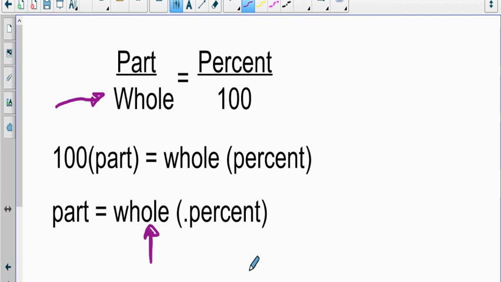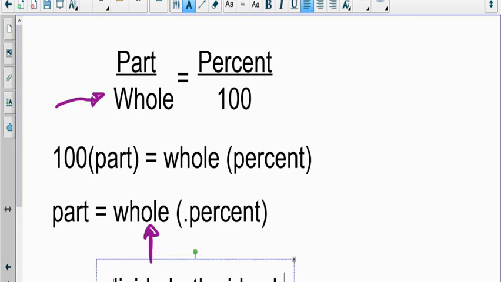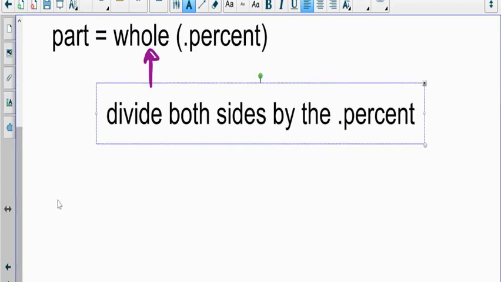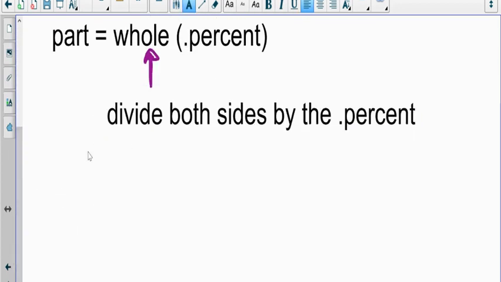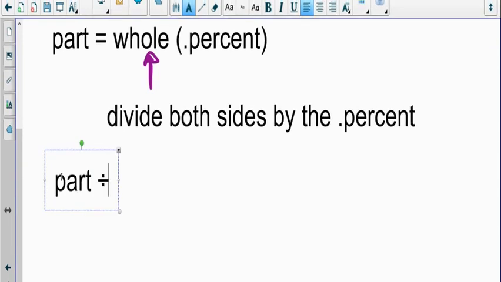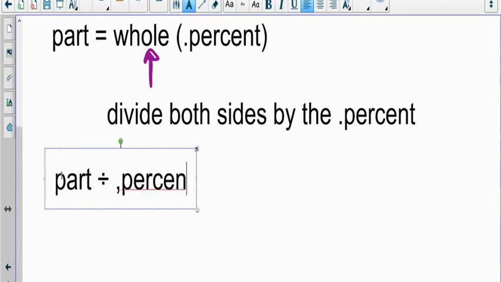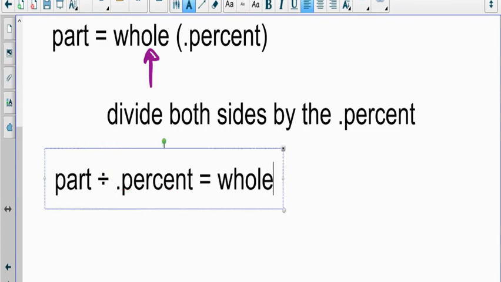To do that, I have to divide both sides by the percent. When I do that, the percent moves over to the left, and it leaves the whole by itself on the right.